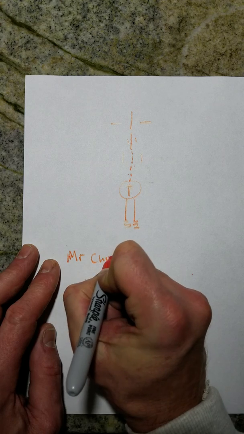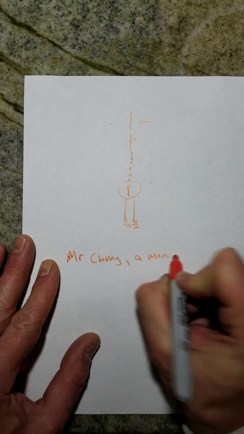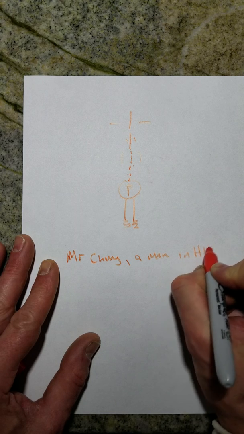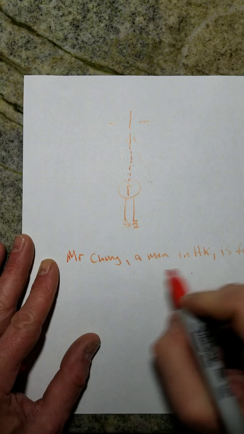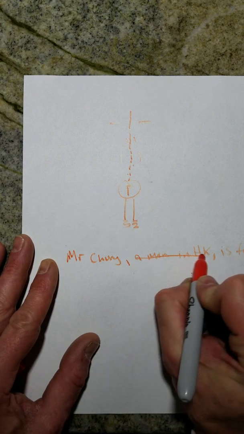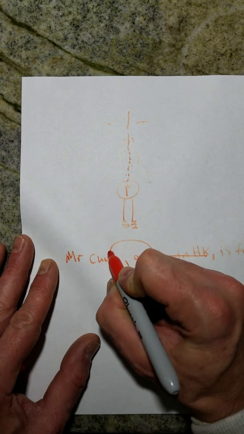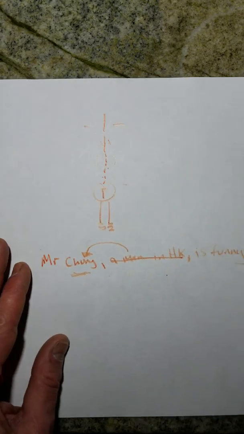Mr. Chung, comma, a man in Hong Kong, comma, is funny. We could put dashes, commas, or brackets in here. This is non-essential information that gives you a mini definition of the word that sits before. You see the consistency here, kids?